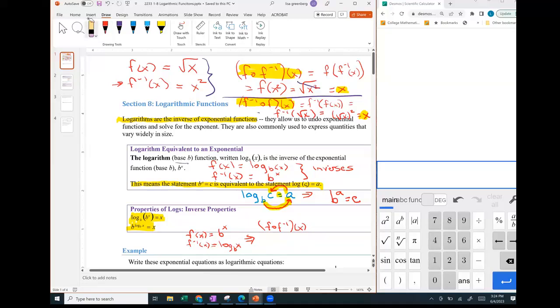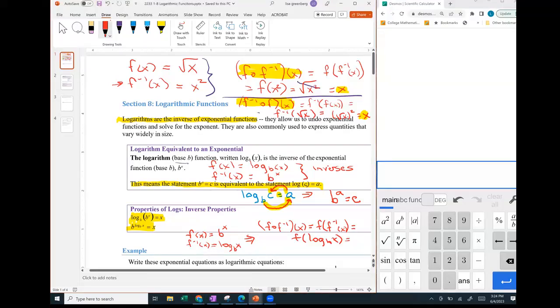It's the same as f of f inverse of x, which is f of log base b of x.